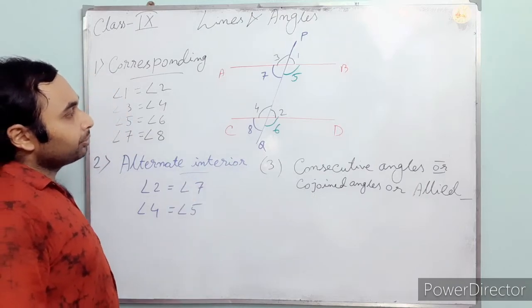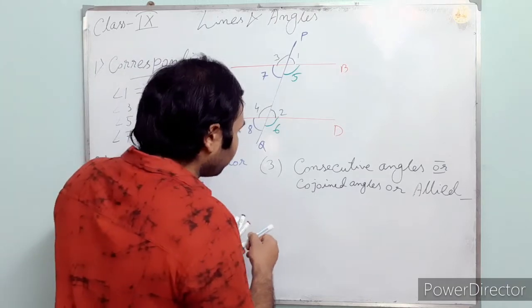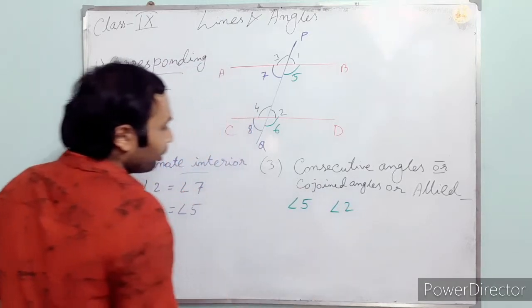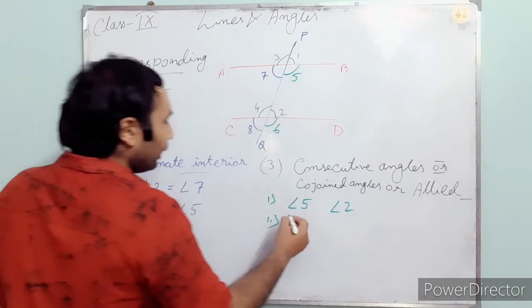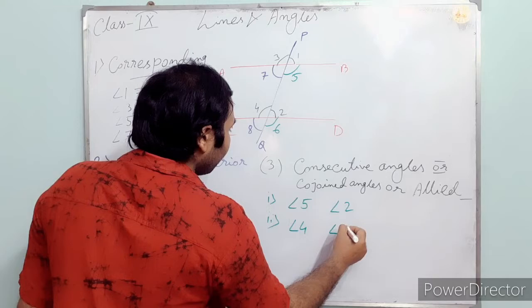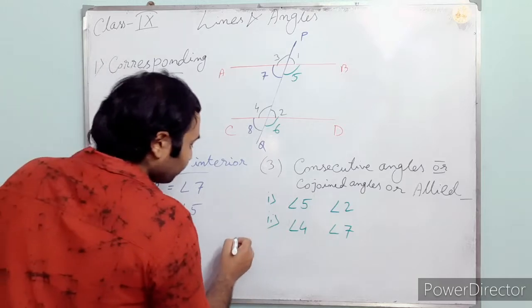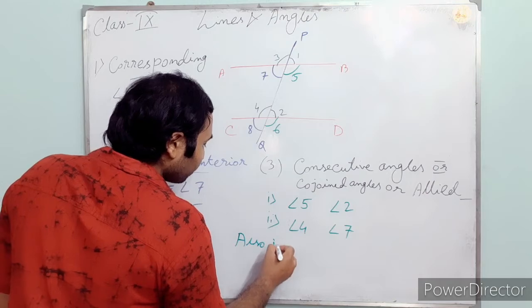Here, just see, I am writing angle 5, angle 2 and angle 4, angle 7. Also, another two consecutive angles we are getting.